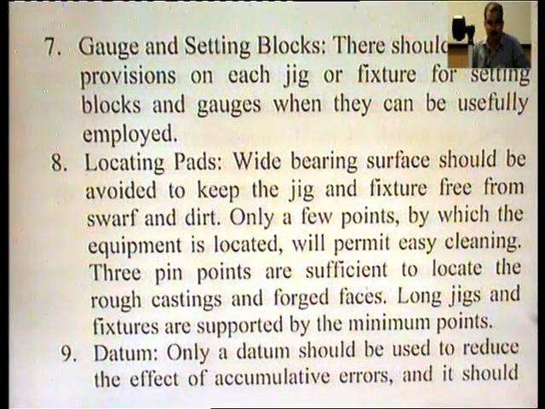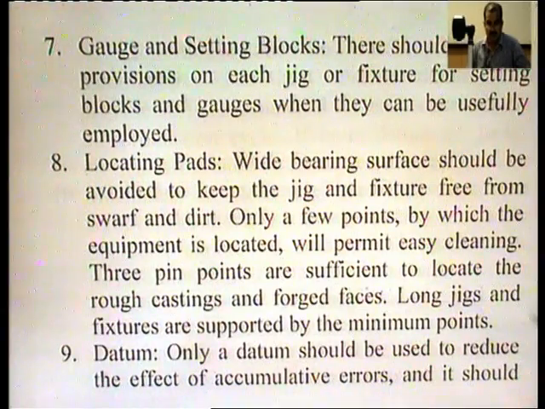The accumulation of chips should be removed from there if sufficient room is there. So, that is why 3 pin points are sufficient to locate the rough casting and forged faces.